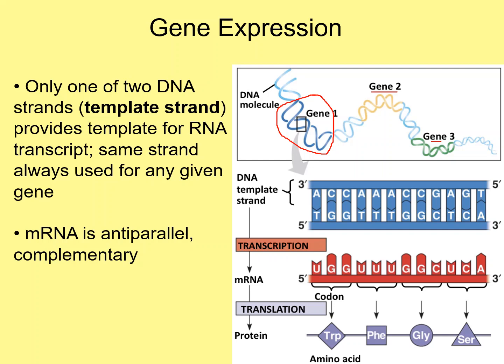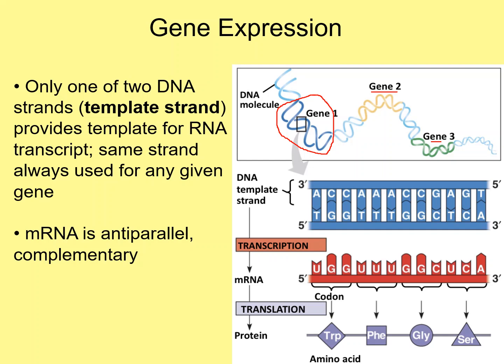The other strand for any given gene is just the complementary strand, and it's not read and converted into protein. So only one strand in any given gene serves as the template of instructions to make protein.